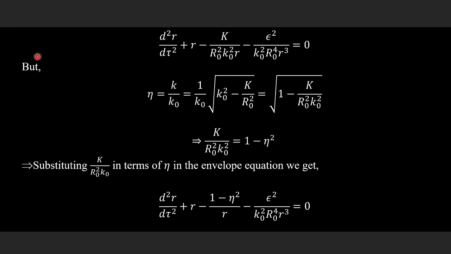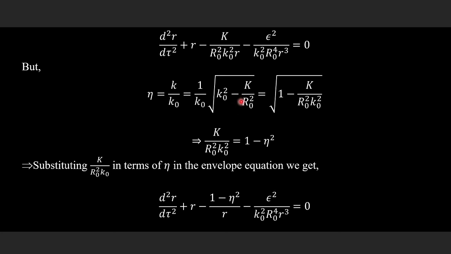So this is the expression that we have, right? But please remember, we have defined eta is equal to k over k naught, and that was equal to 1 over k naught square minus k over r naught square. That's what we calculated earlier, right? And if you take k naught square outside, you'll get this term is equal to 1 minus k over r naught square k naught square, because you're taking this k naught square outside.